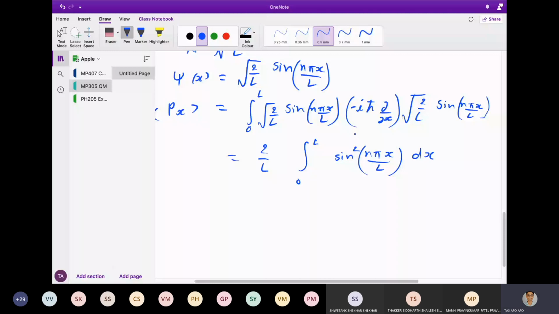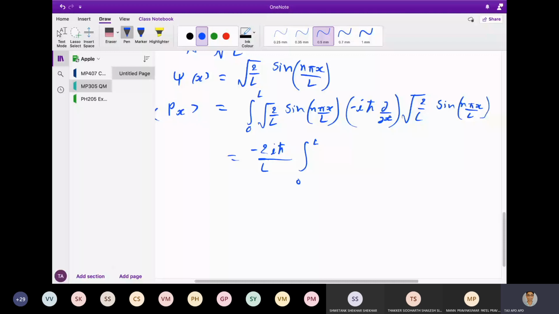We have this operator. What we need to do, so minus i h bar, okay, let's just write it, minus 2 i h bar upon L outside, del by del x of this function. So you have sin n pi x by L into the differentiation of this.